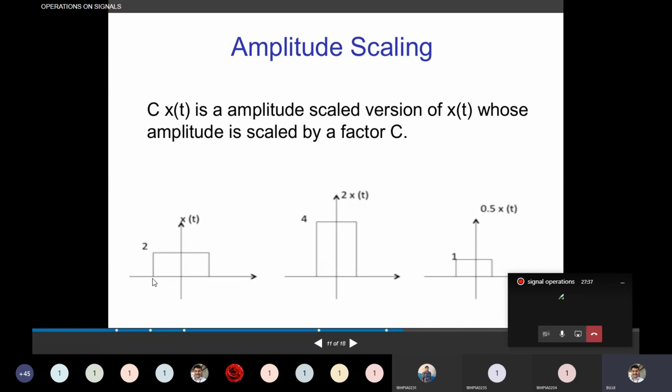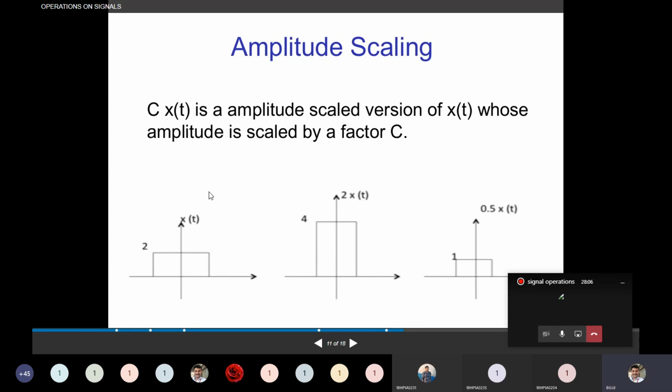The signal extends from positive to negative with an amplitude of 2. If we want 2 times x of t, the amplitude is scaled by 2 and the amplitude increases. 2 is the amplitude, then 4 becomes the amplitude.